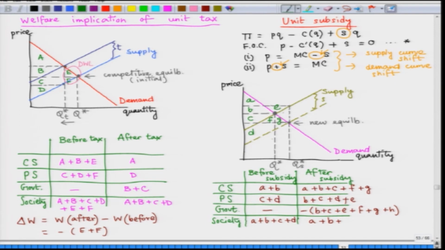So, now this area is basically H, forgot to mark that. Okay. So, I forgot to mark one small triangle here which is H. So, I need that for my analysis to be complete.